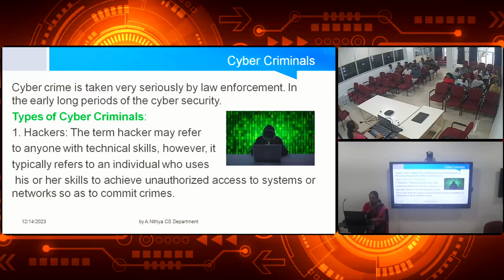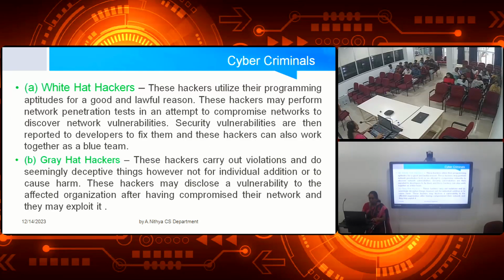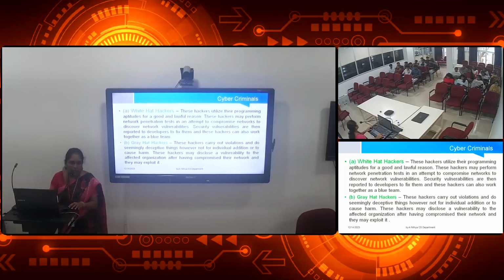So here we have different types of cyber criminals. Hackers, we call them hats. So white hat, black hat, grey hat, and blue hat hackers we have. These are all the types of criminals, simply said to be hackers. White hat represents if they are doing it for legal or good things.